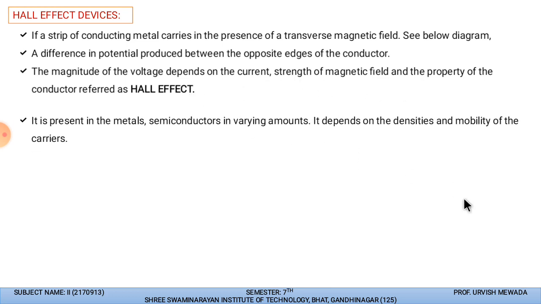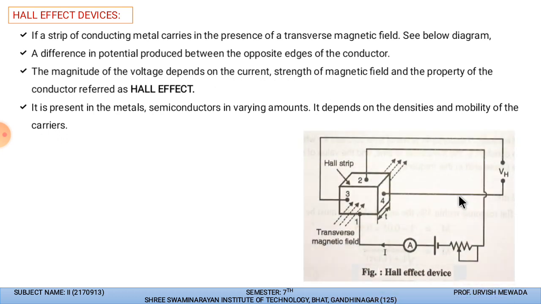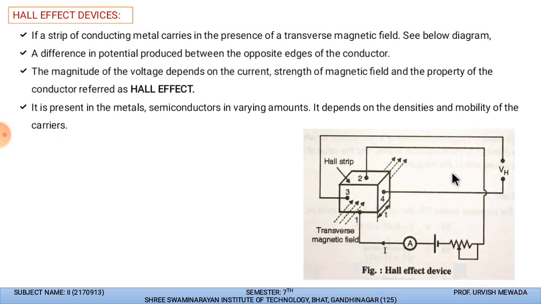So let us see it very clearly from the figure. From this you can see that this is an object placed in the magnetic field. This is the transverse direction of the magnetic field, and this is the point at which we apply the input voltage to this device. From this variable resistance we can vary the input voltage, and this is the magnetic field.